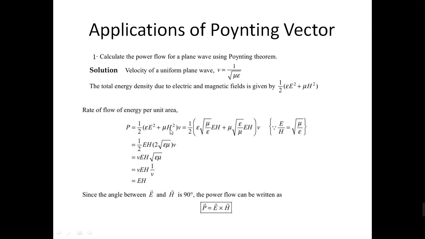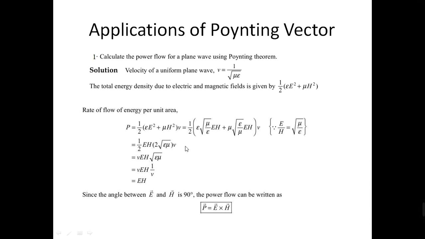And H square can be written as H into H, where H is written in terms of electric field intensity, that is H equal to E by eta. You can see here the relation E by H is equal to root of mu by epsilon, which is nothing but eta, the intrinsic impedance of a lossless medium.